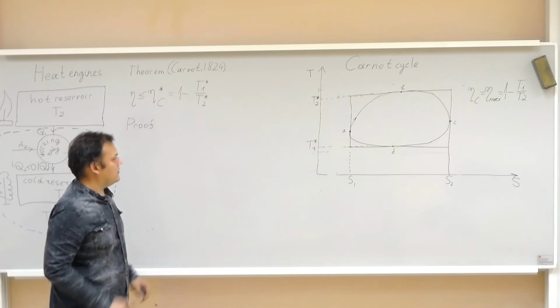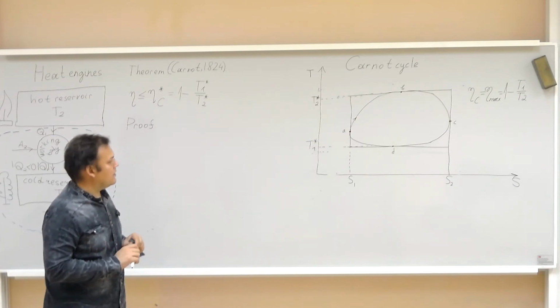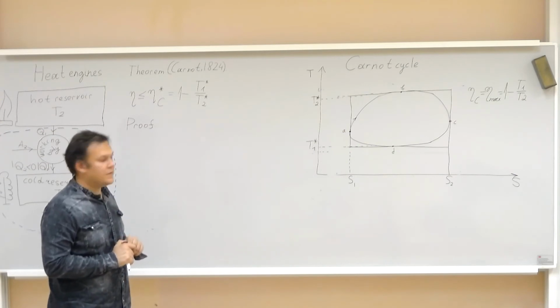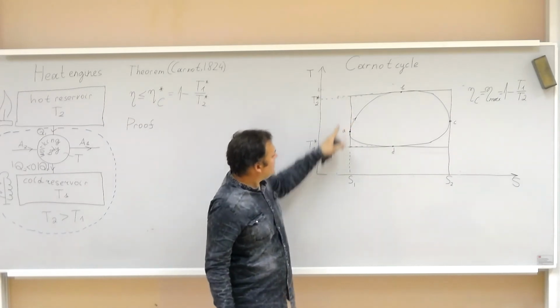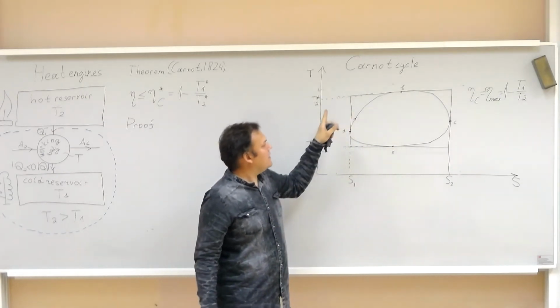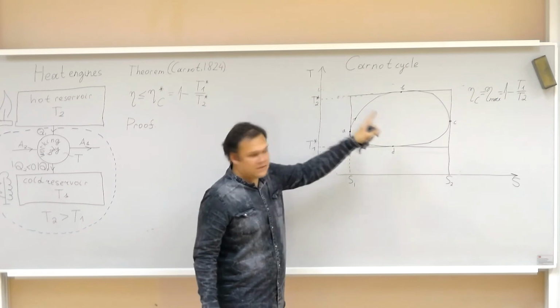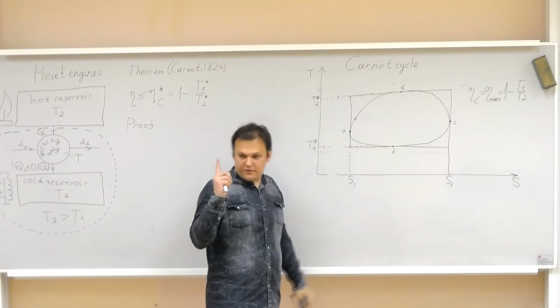May I ask a question? The Carnot cycle is a reversible cycle. It's reversible for two reasons. First, the process of the working body is quasi-static.